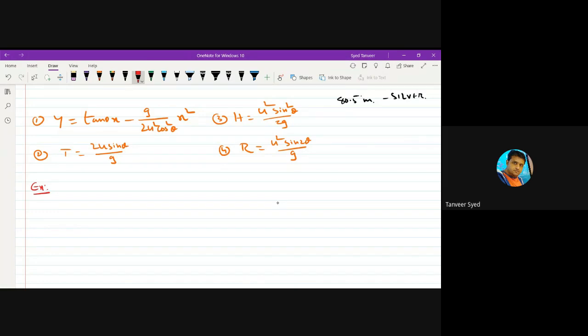Question for you. A cricketer throws a ball with velocity 20 meter per second at 30 degrees with horizontal.